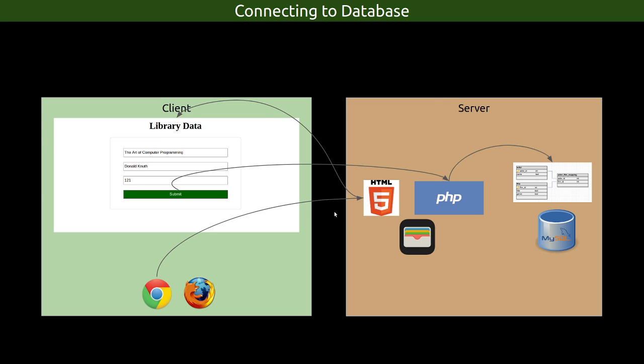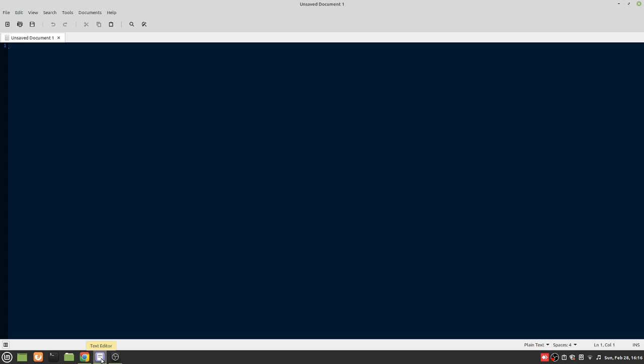So let's do that. Take your editor and type in the HTML form. Let's start by creating the HTML tag. Inside HTML, you can have the head tag, and within the head tag, you can have the title.